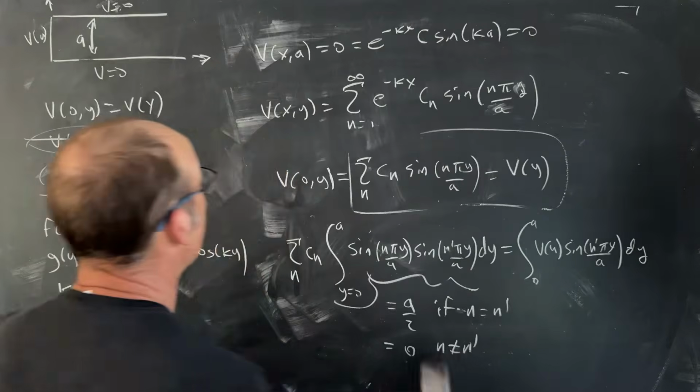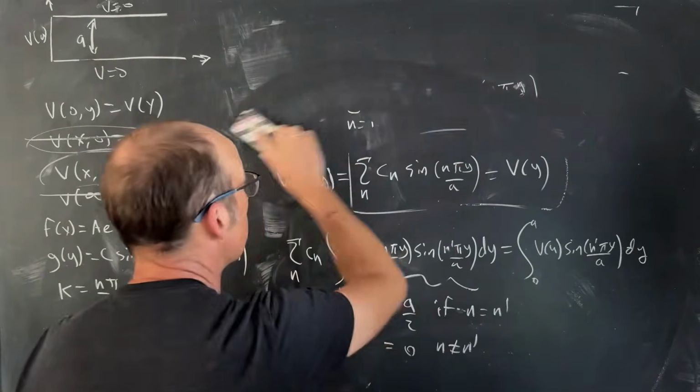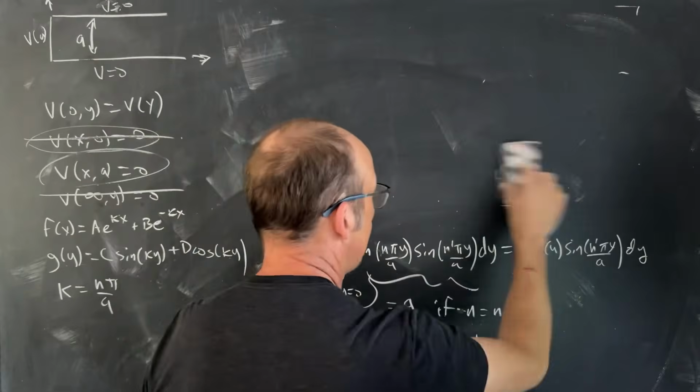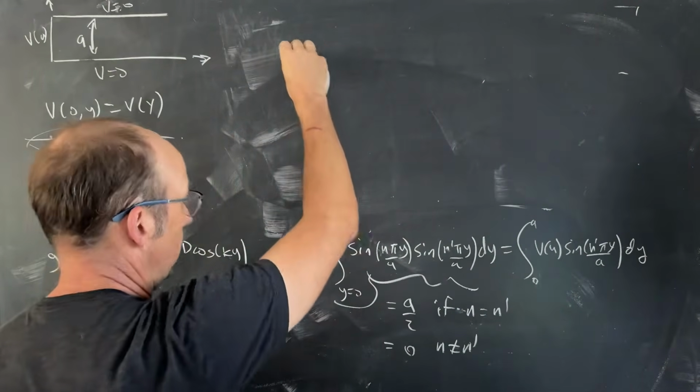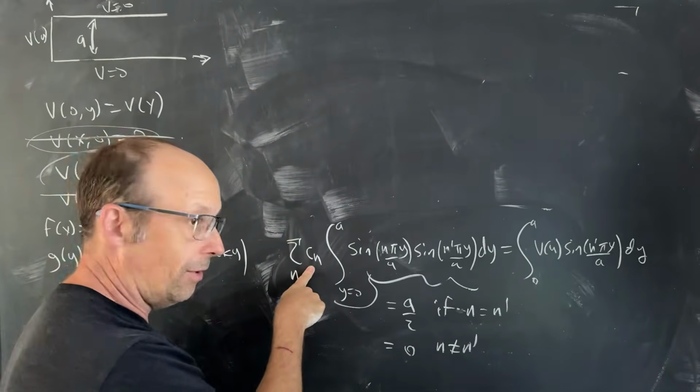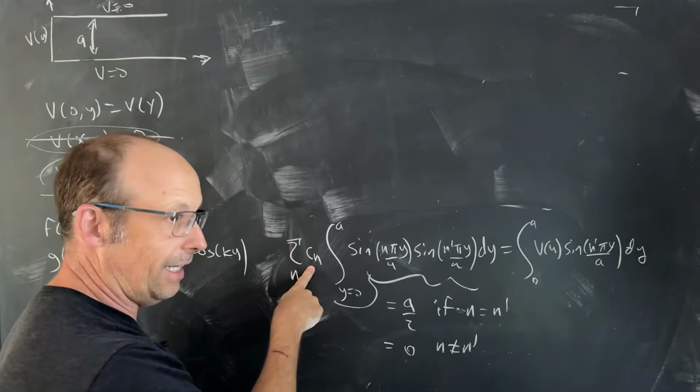So that gives us the following. This whole integral is a over 2, and now the only n that survives is Cn, right?